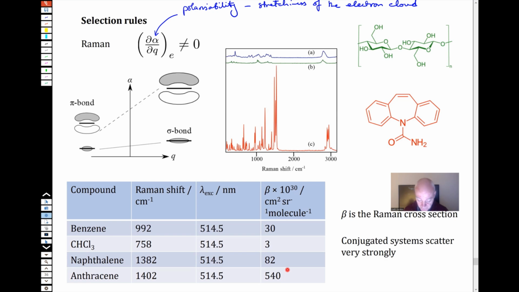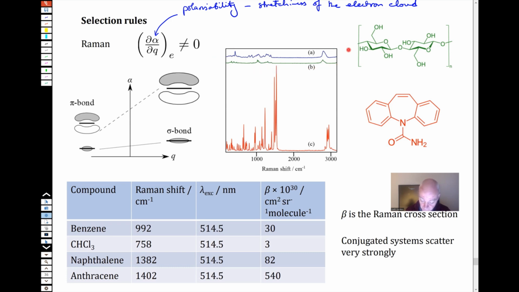You can tell it's starch because you've got no high frequency peaks, no double bonds in these two samples. All of these measurements are taken under exactly the same conditions, same amount of time, same laser power, same everything. And you can see that the intensity of the red material is much, much higher than the intensity of either of the two carbohydrate components.